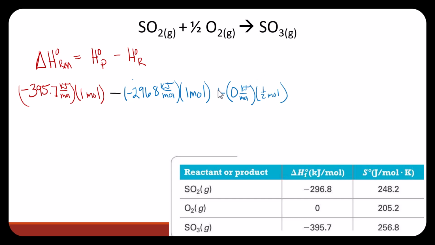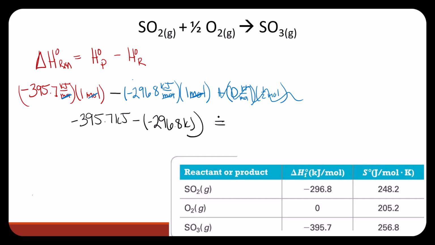To clean this up, this kind of cancels out. We're just going to take these two values subtracted from one another. So moles cancel, and essentially we are left with negative 395.7 kilojoules minus negative 296.8 kilojoules.